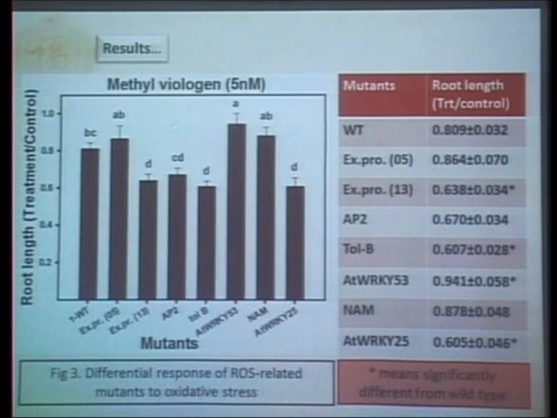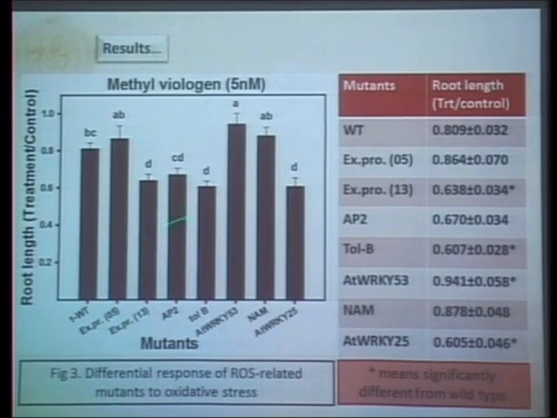Similarly, on treating the mutants with methyl viologen, the source for creating oxidative stress in the plants, wild type itself is slightly sensitive to the supplied stress, whereas the mutants of expressed protein 13, the TOL-B related protein, and ROCK25 were much more sensitive as compared to wild type under oxidative stress.